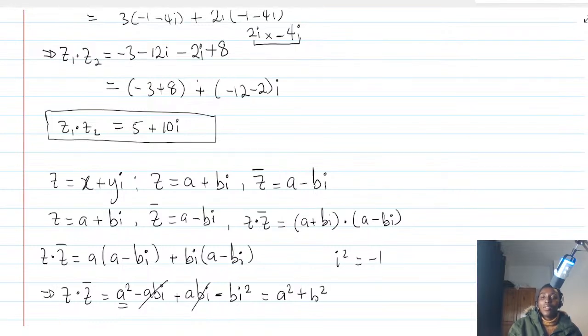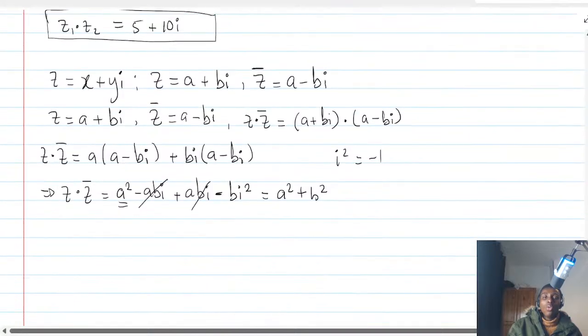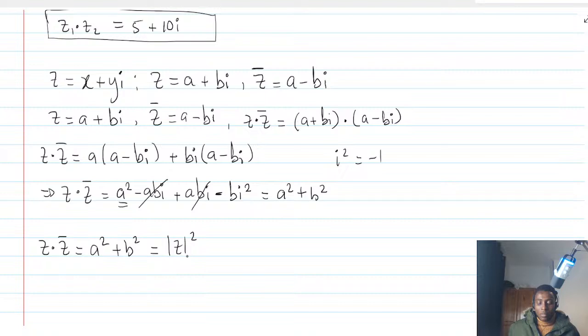This is very interesting to know that whenever you multiply a complex number by its conjugate, you get a squared plus b squared, which is actually the square of the magnitude or the modulus.